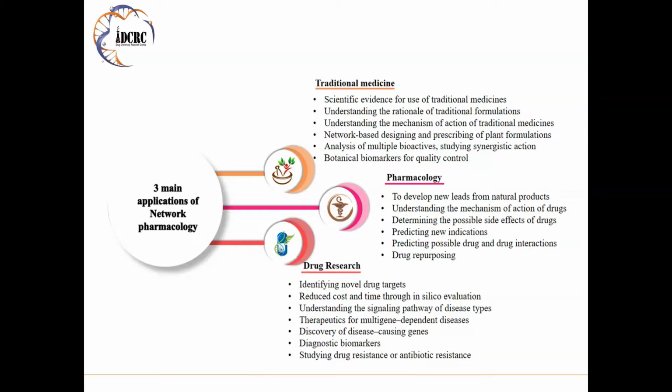Okay, then with respect to pharmacology, it helps to develop new leads from natural products. So we know that plants are a complex of different phytoconstituents, and the traditional system of medicine basically goes for a holistic approach in which we don't isolate a particular compound, rather we take a complete formulation or a complete part of a plant as medicine. So with the help of network pharmacology, we can identify the particular constituents which are important for a particular activity.